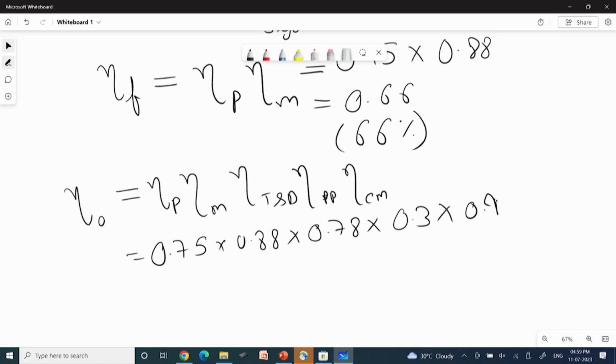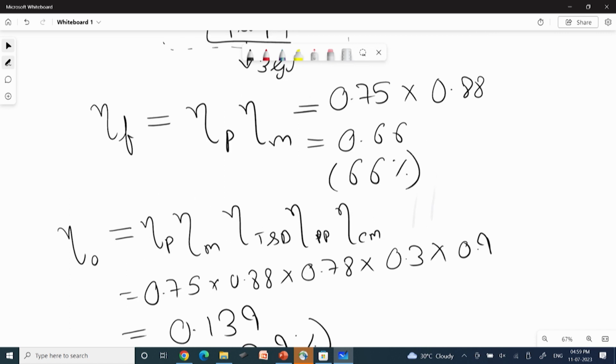You multiply these factors, and the final number that you get is around 0.139 or 13.9% overall efficiency. So from an overall systems point of view, the efficiency seems not to be very great, almost of the order of 14%.